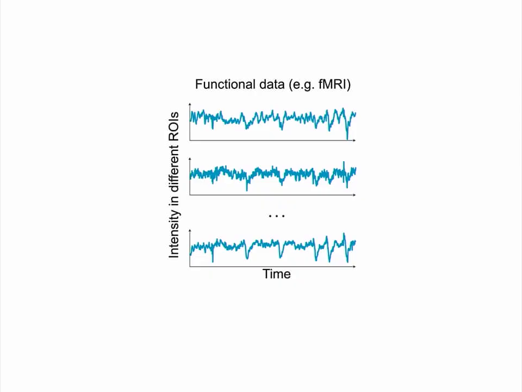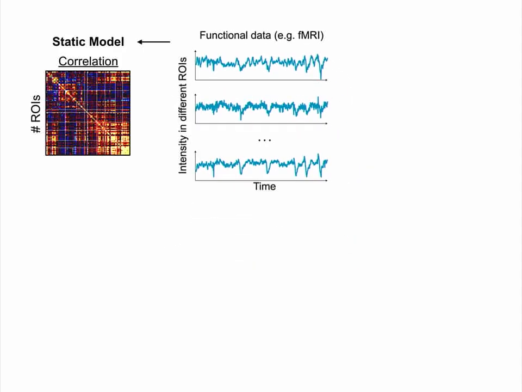So the classical way of computing this statistical dependence is to use the correlation. And if you compute the correlation from this data set, this is what you get. You end up with a matrix that is supposed to encode all the functional connectivity information that is contained in your data. And here, this matrix encodes for each pair of brain regions a correlation between these regions.